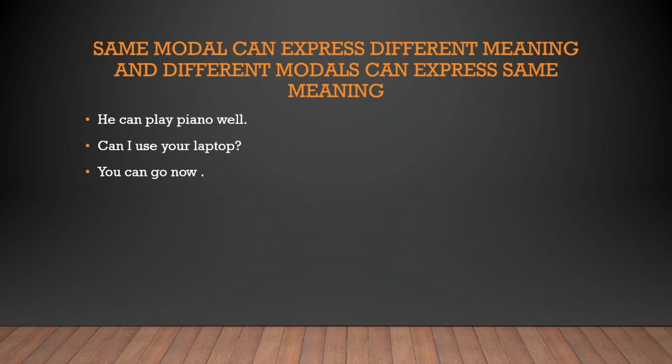For taking permission and for giving permission, we use can. In the second sentence, for taking permission, and in the third sentence, for giving permission, we use can. So in the first three sentences, we use can for different meanings. So the same modal can express different meanings, and it's very clear to us.